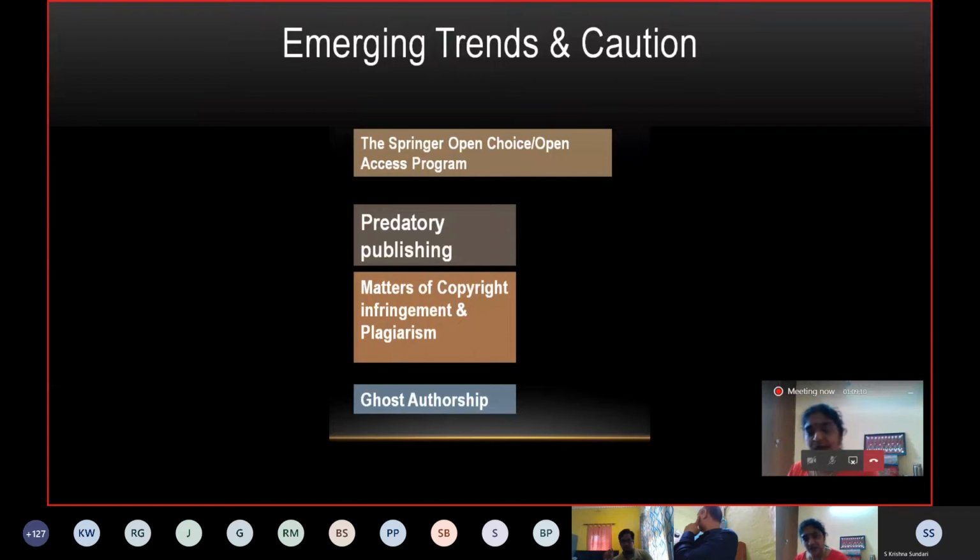Copyright infringement is a very serious offense, and the penalties are so severe that if you are a doctoral student, your registration might be cancelled. If you are a researcher or a faculty member, your employment can be questionable. So you have to be very careful while you are writing a particular article that you are not plagiarizing and you are not doing any infringement.